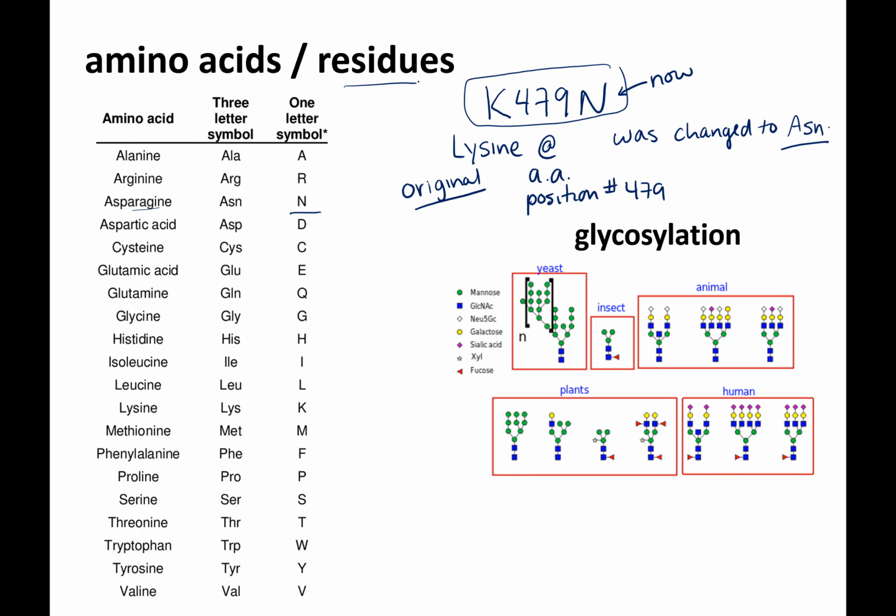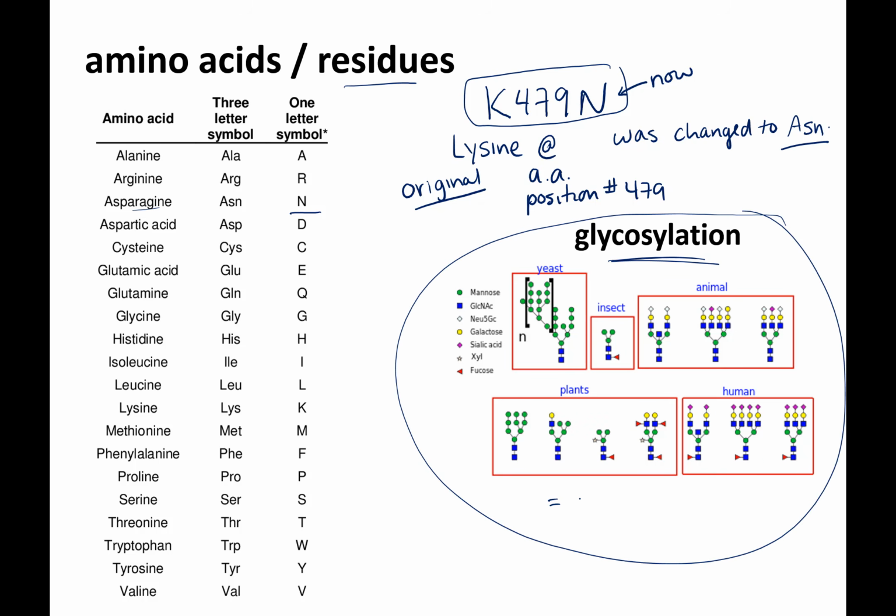sequences. The last thing they talk about in figure 7 is glycosylation. All I want you to remember about glycosylation is that it means you have sugars added to the protein. Hopefully in cell biology you learned that this happens in the ER and the Golgi. This is just giving you examples of different types of sugars or molecules that are added onto proteins.